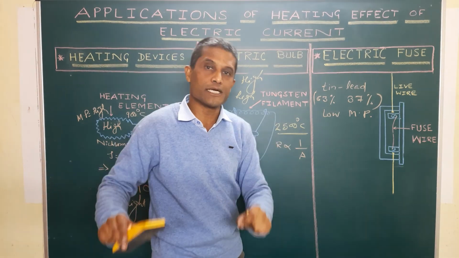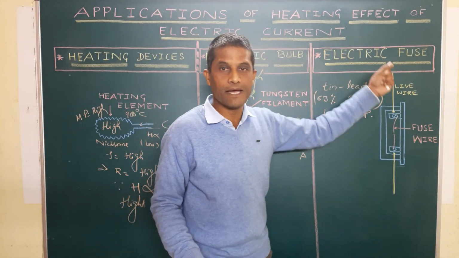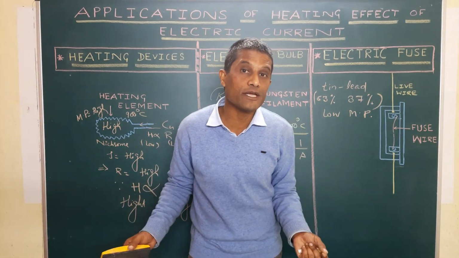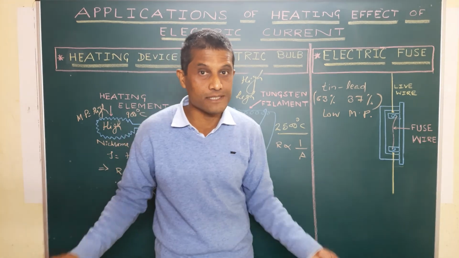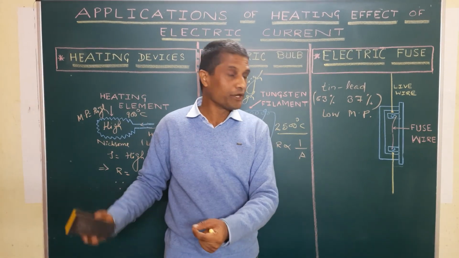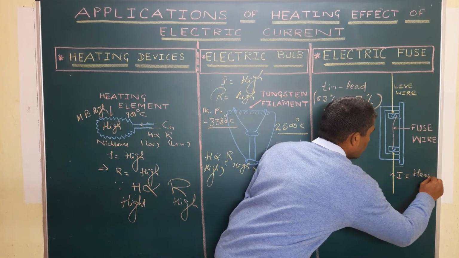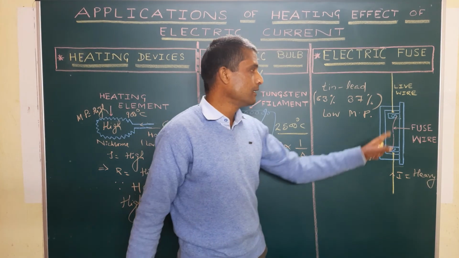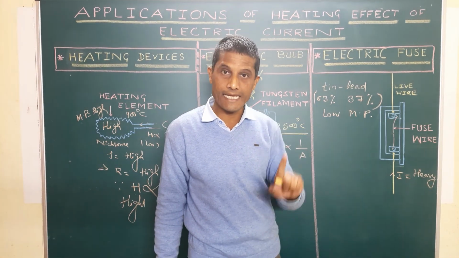When too much current begins to flow through the live wire, thanks to the overloading or short circuiting happening in the circuit, heavy current begins to flow through the live wire. Remember, fuse is always connected to the live wire.